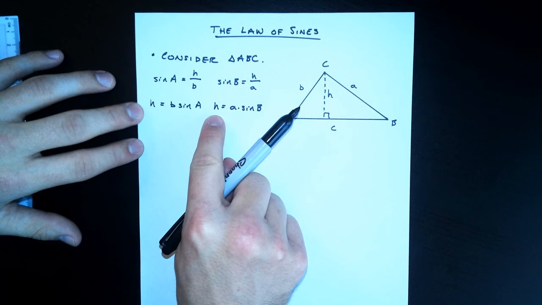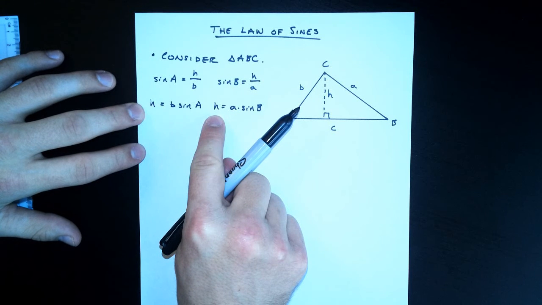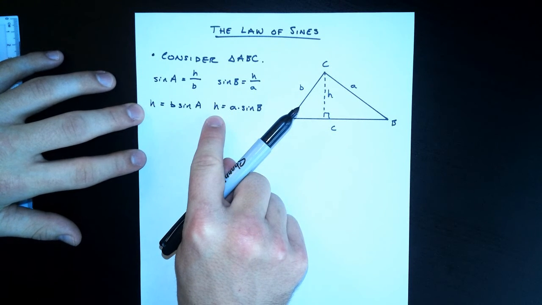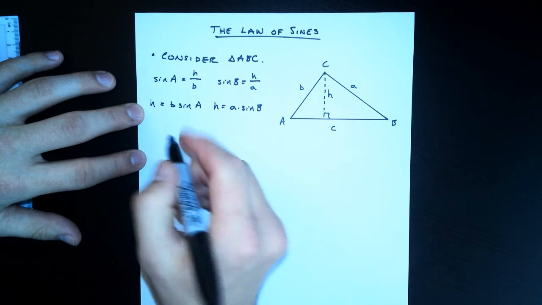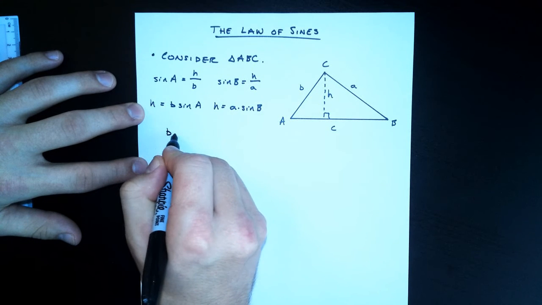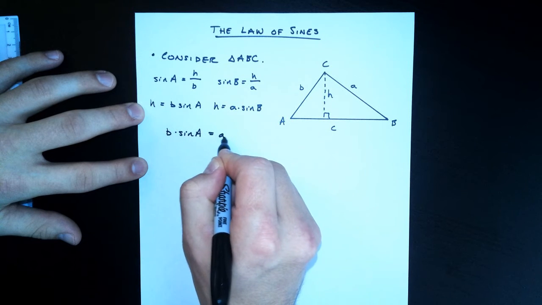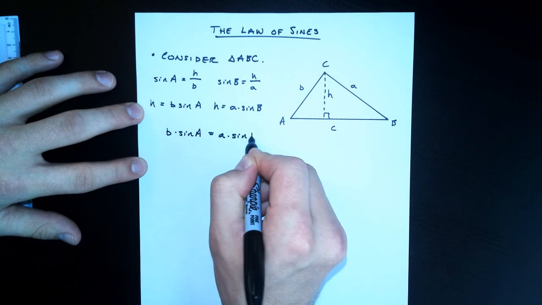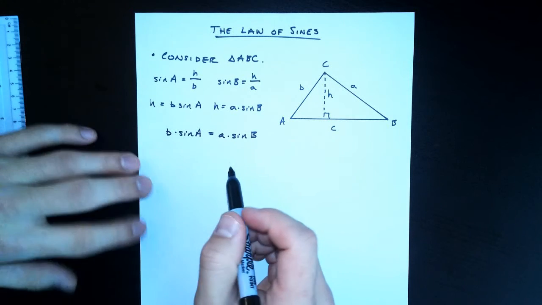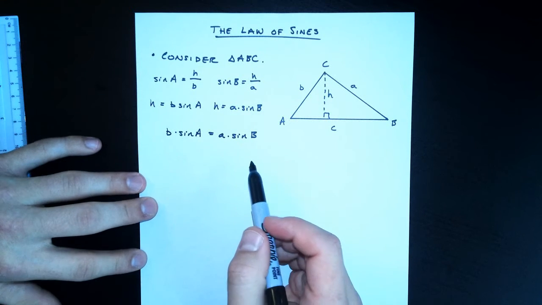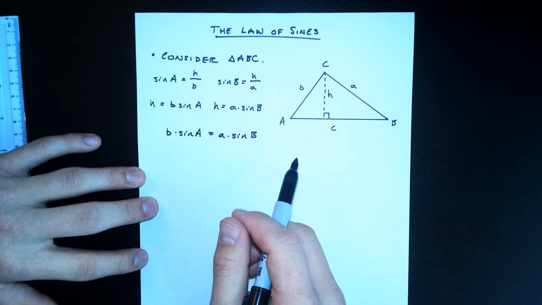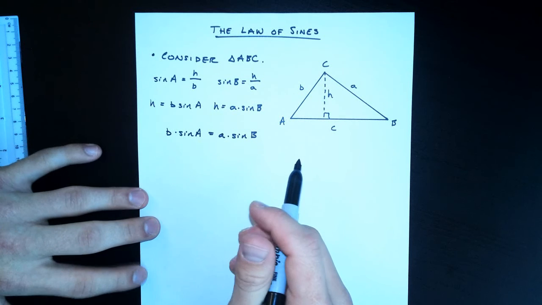They are both equal to H. So that means I can set them equal to each other. That's just an application of the transitive property. So b times the sine of A is equal to a times the sine of B. And now I have just one equation, it just has a's and b's in it, and there are no H's.